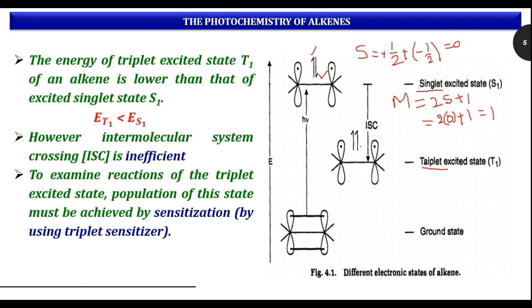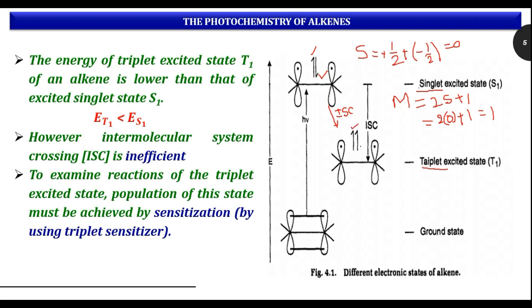Even so, the alkene cannot directly convert into the triplet state. If you want to convert to the triplet state, it has to undergo the process called ISC, inter-system crossing. This cannot be done by using alkenes. So why are we saying this is the triplet state?